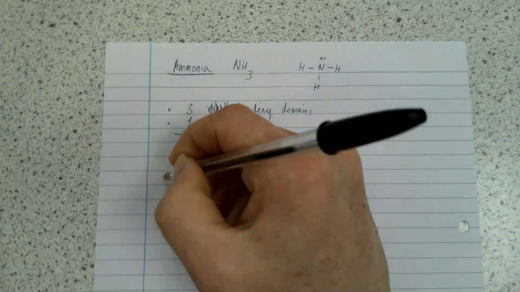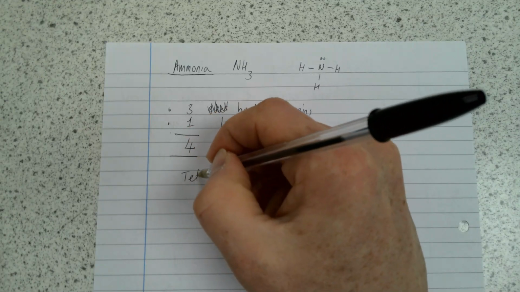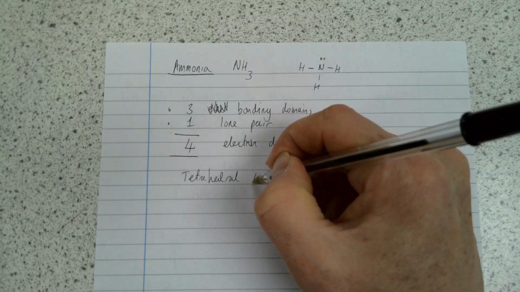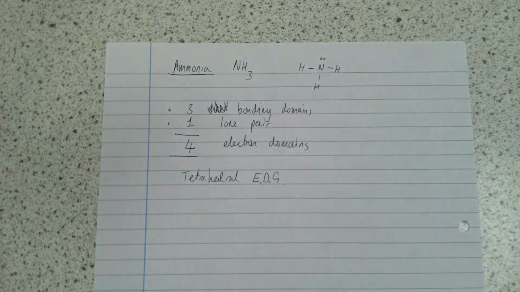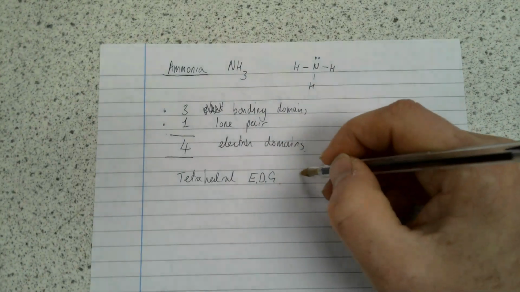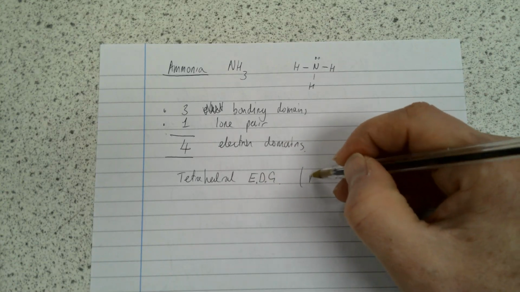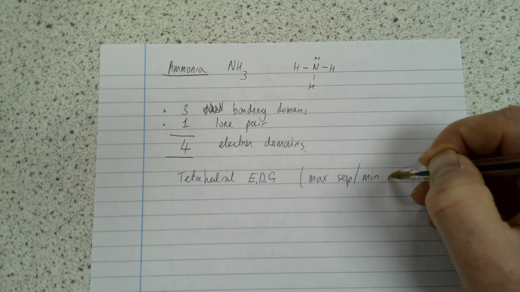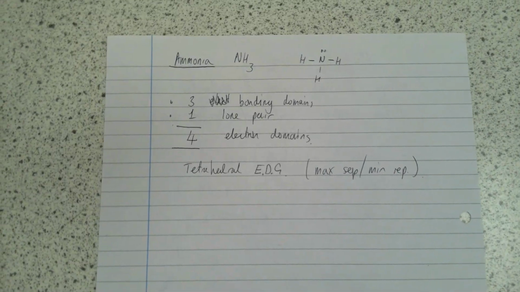So just like before, we've got tetrahedral. If I just write electron domain geometry, you kind of happy with that? Because I'm getting lazy. Tetrahedral electron domain geometry. And then if you just write max sep, min repulsion, exactly the same as before.